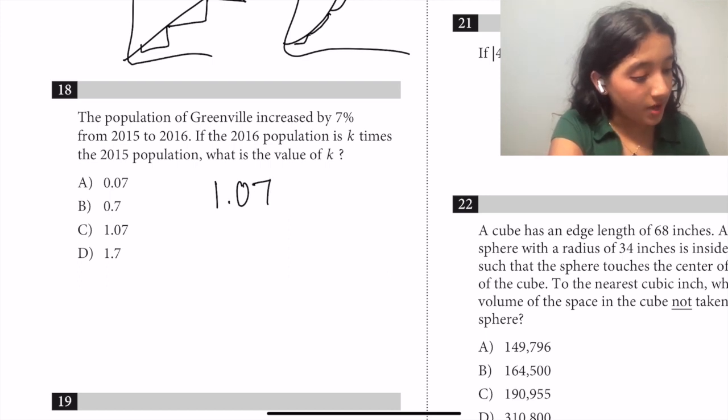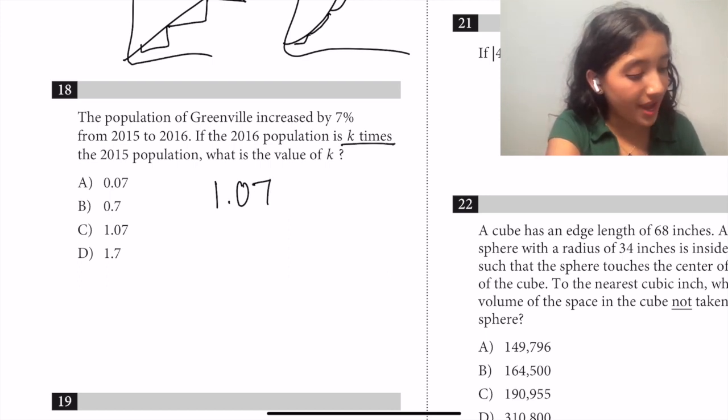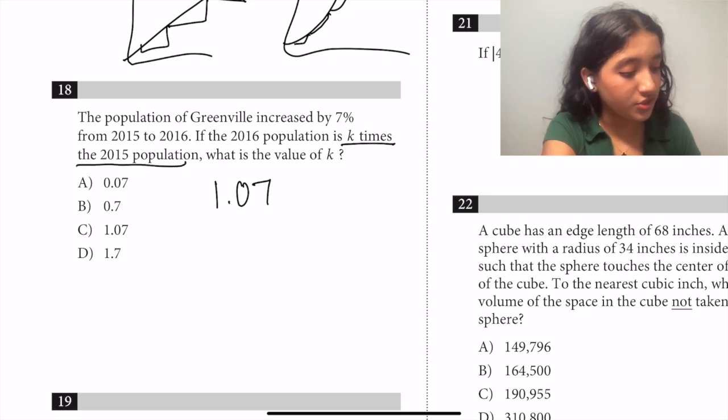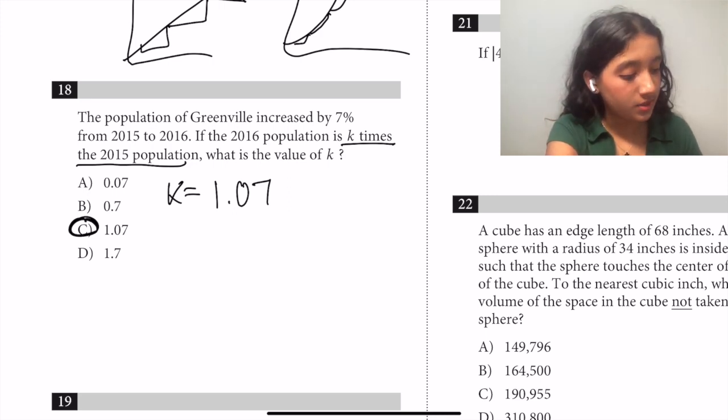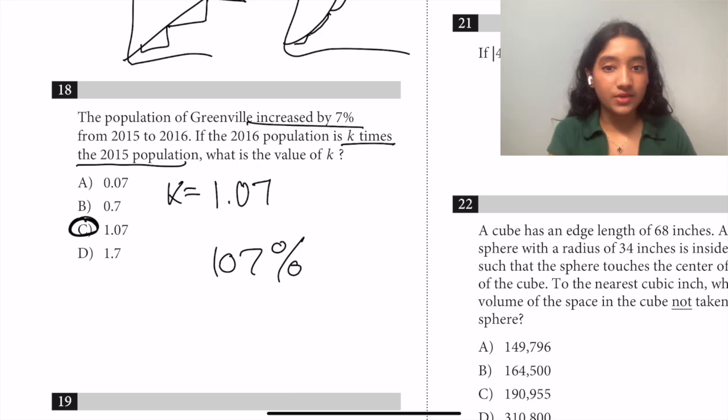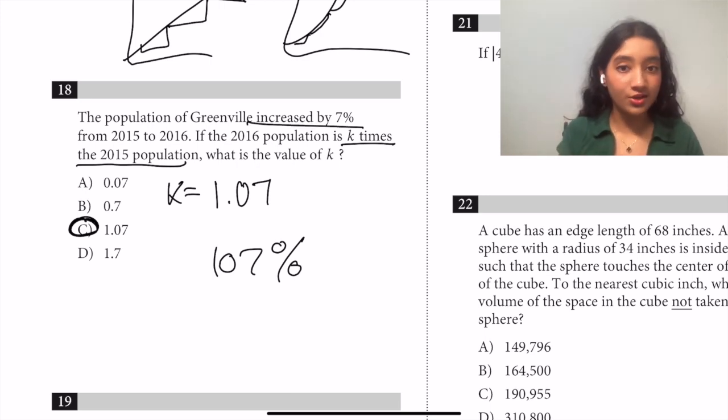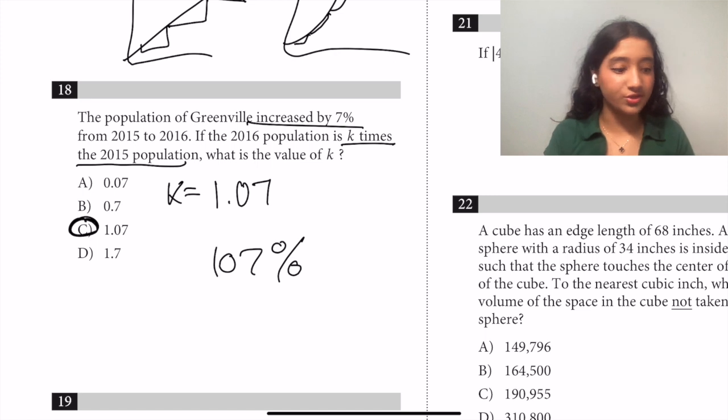So K is equal to 1.07, because if we multiply this by 100, we'd have 107%. If it was originally 100% and increased by 7, it's 107%.